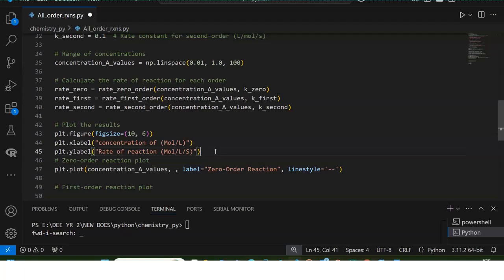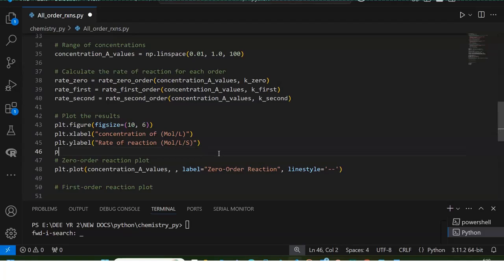And finally, we need to put the title of our plot. So plt.title.